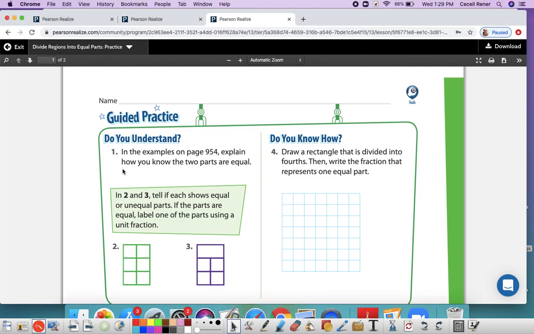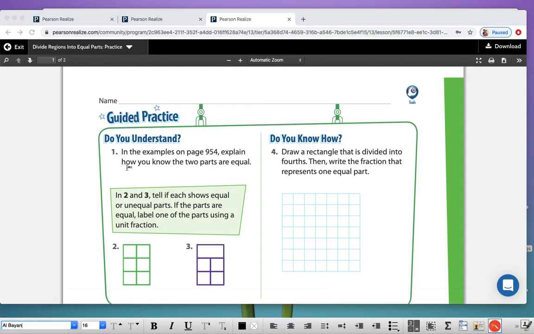Each half is made up of what? 6 units, so we know that they are equal. So that's what we're going to type there. We're going to say each half is made up of 6 units. That's how we know they're equal, because they have the same number of units.